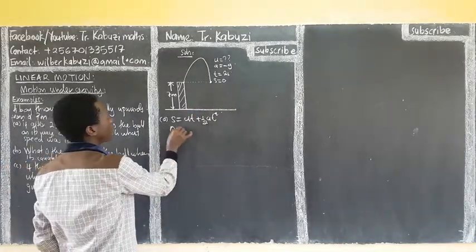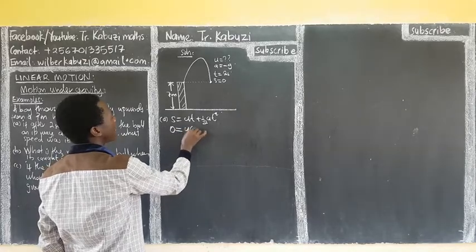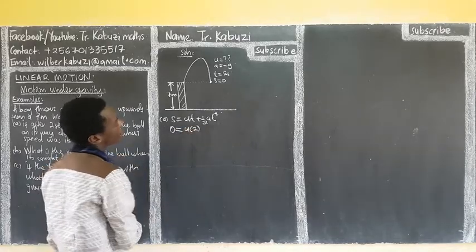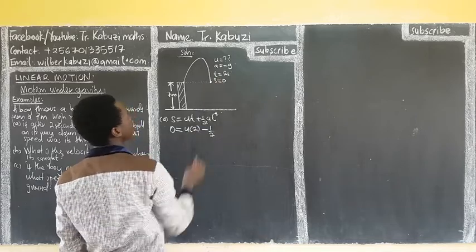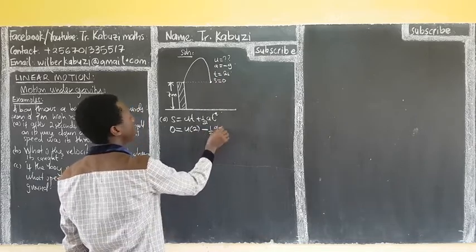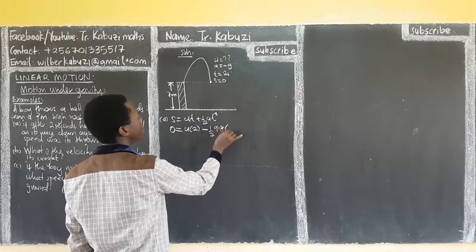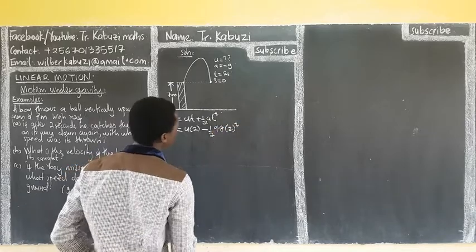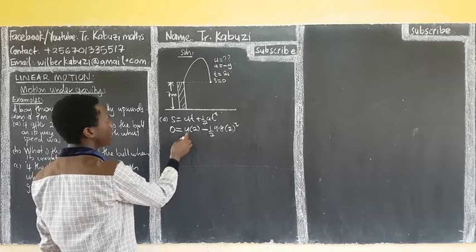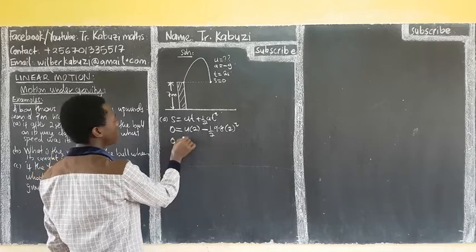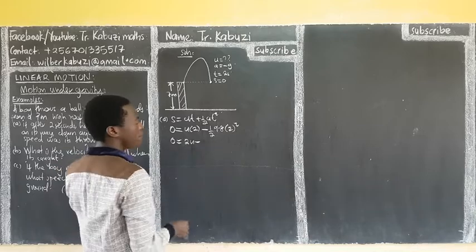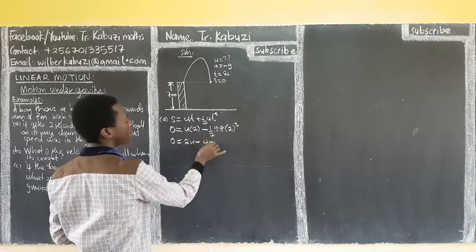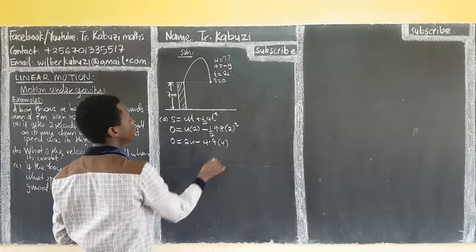So I have 0 equals u, which I write, then 2, the time, minus a half because this acceleration is negative, so 9.8, then 2 squared. So this will be 0 equals 2u minus 4.9 into 4.